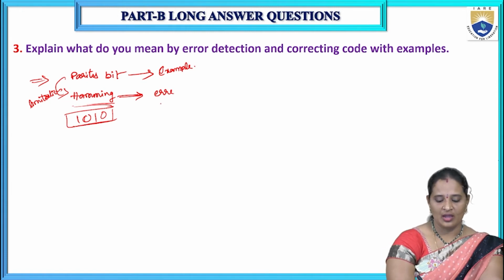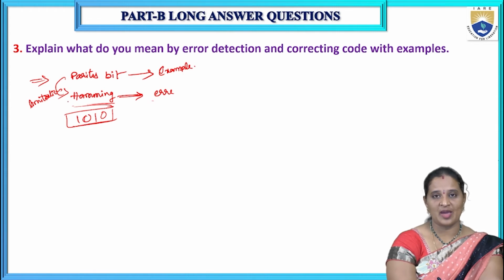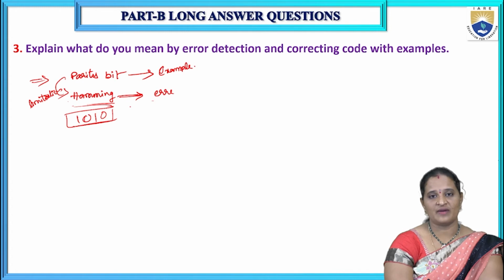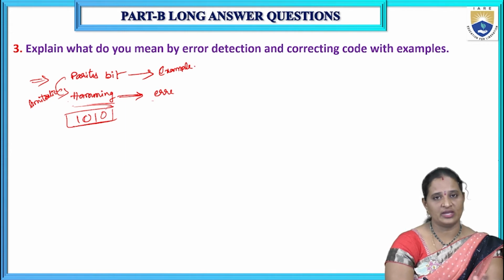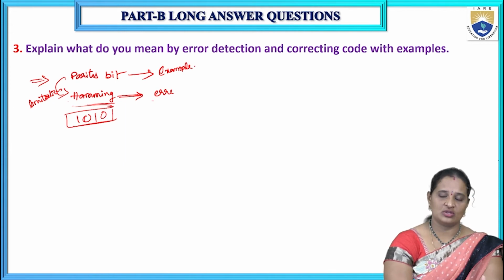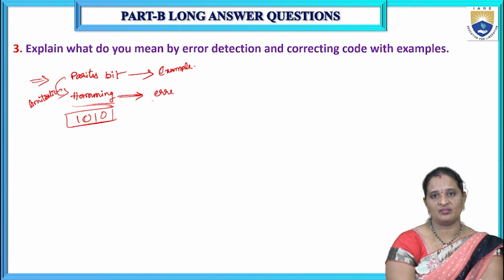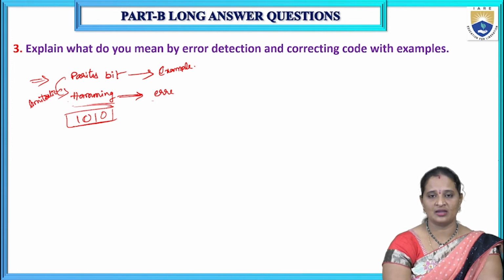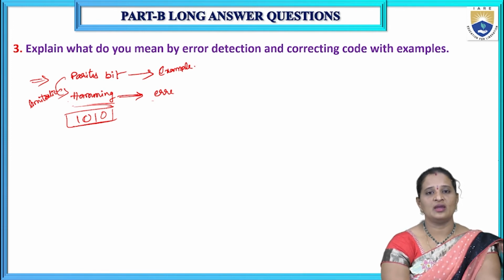So write down the Hamming code, the limitations of parity bit and the uses of Hamming code. That means advantages of Hamming code over parity bit. What are the limitations? It can detect only a single bit error, and that is also a limitation for this. If more than one bit error happens, this Hamming code cannot detect multiple bit errors.